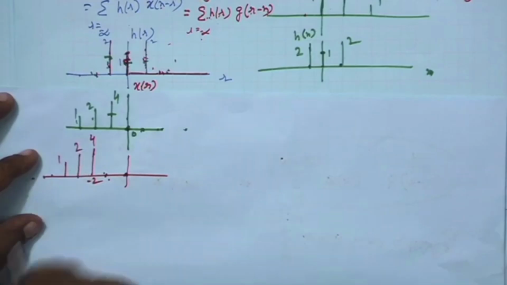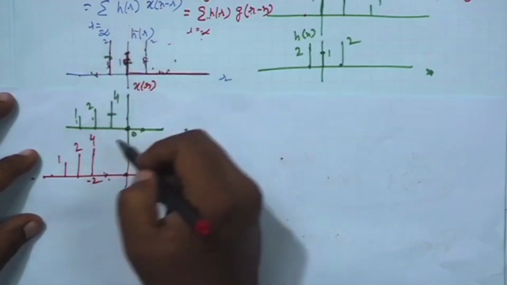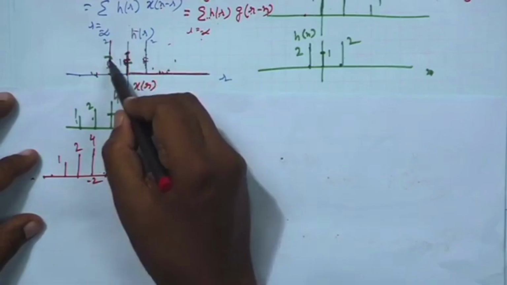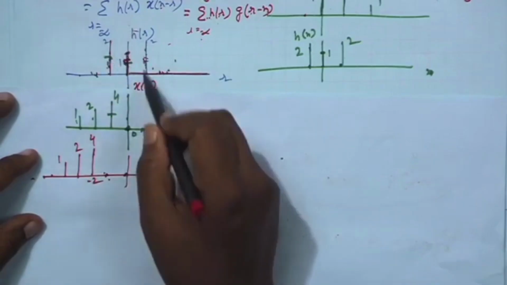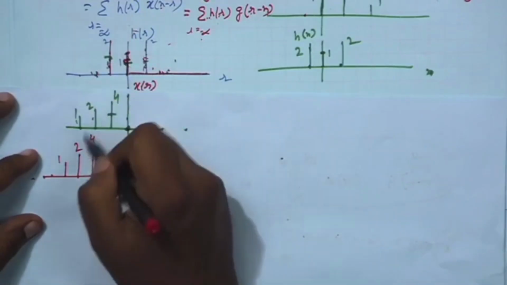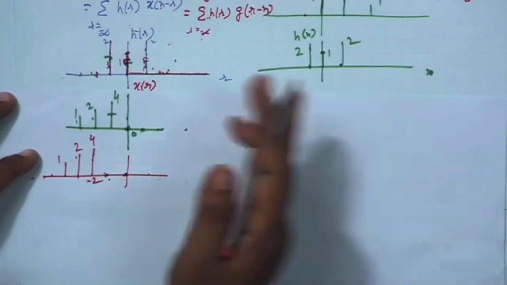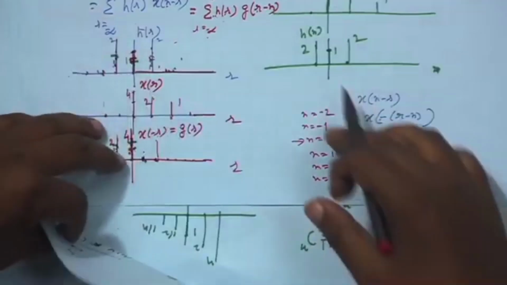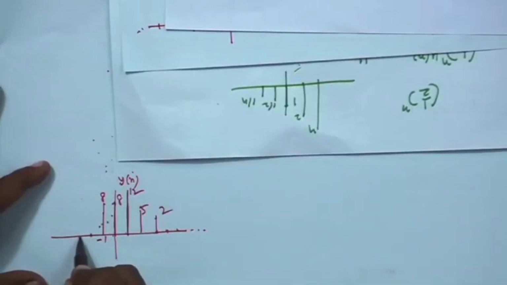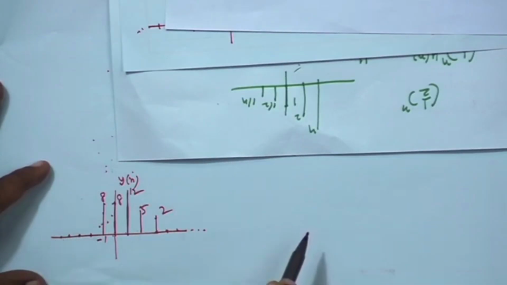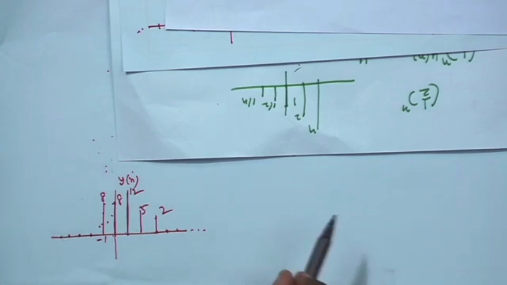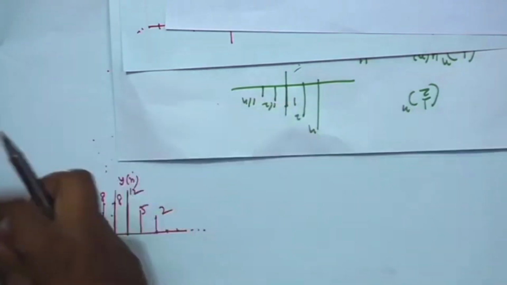Now you see there is no overlap between h and this. This meets 0, this meets 0, this meets 0. So output is 0, and as n becomes more and more negative, output continues to be 0, which means 0, 0, 0, 0, like this. This is the output. All right.